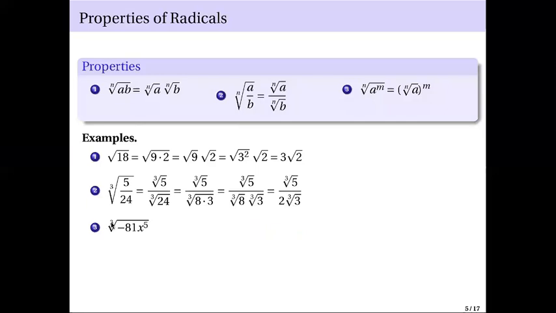Next item here, we have cube root of negative 81 x to the 5th power. Okay? So in here, take note, this x to the 5th power, you can write it as x cubed times x squared. So we are writing this x to the 5 in this form because we will get some x cubed and there is a cube root in here.